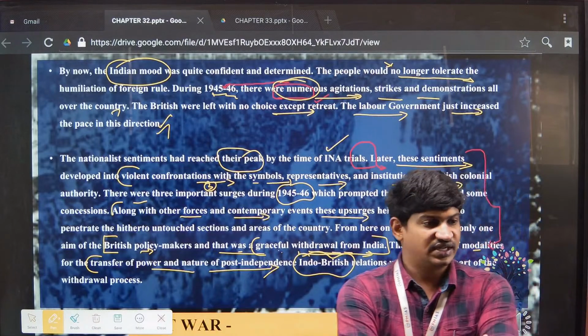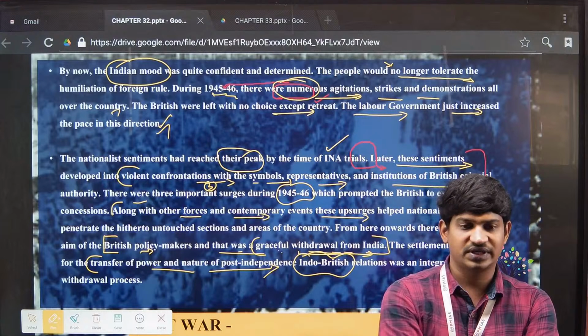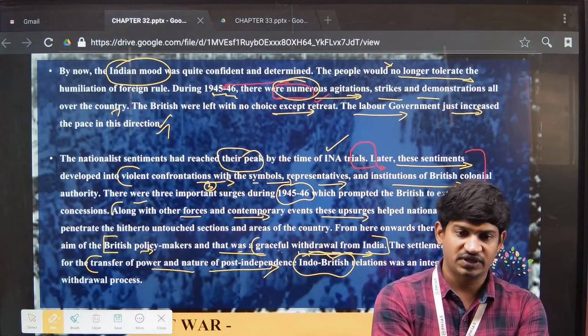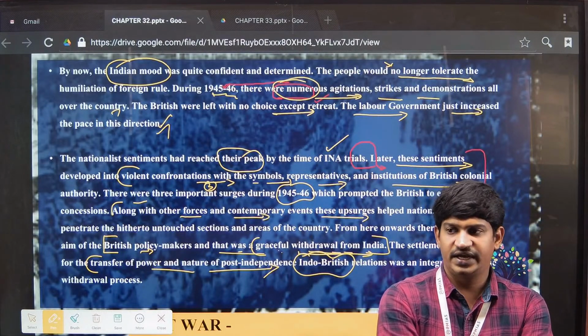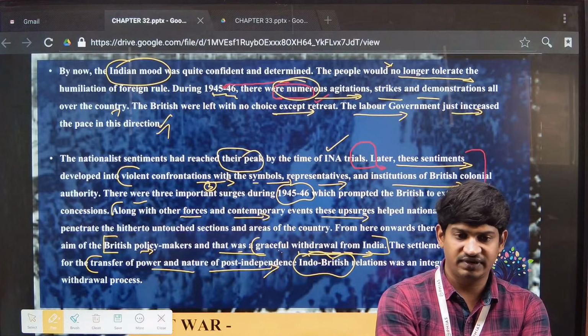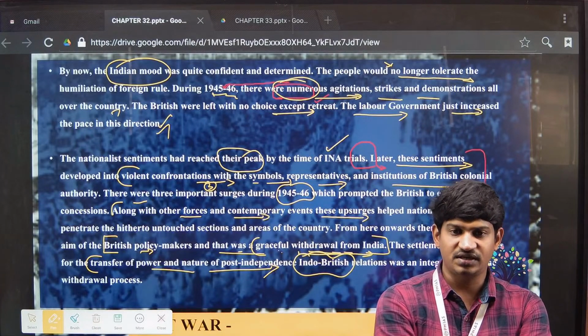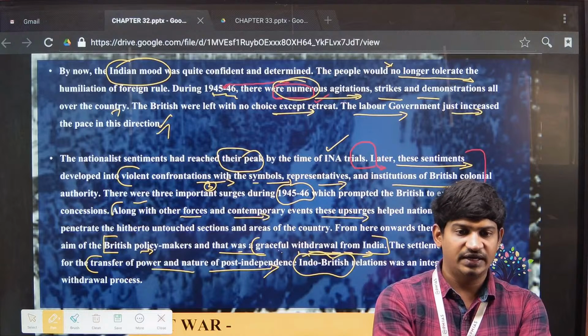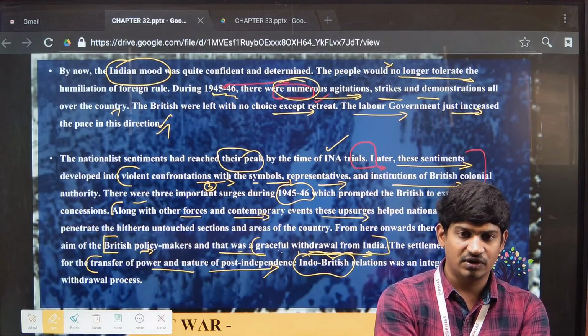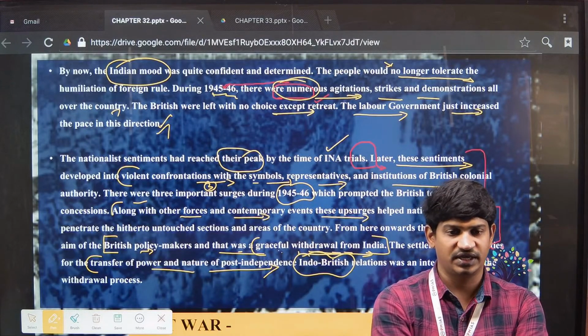And Britishers also gave the statement: we have ruled India for these many years and we will grant independence, but India will remain a dominion unless and until you frame and adopt the constitution for India.